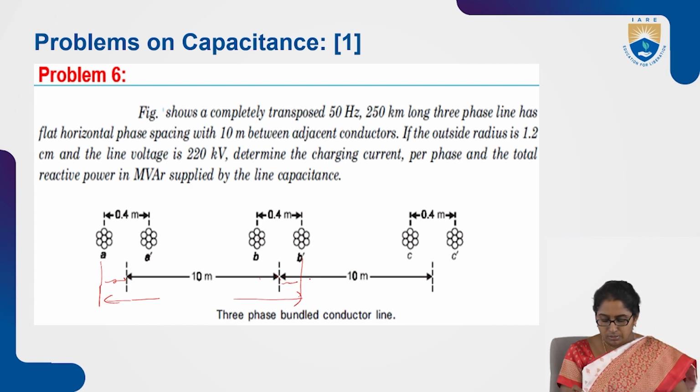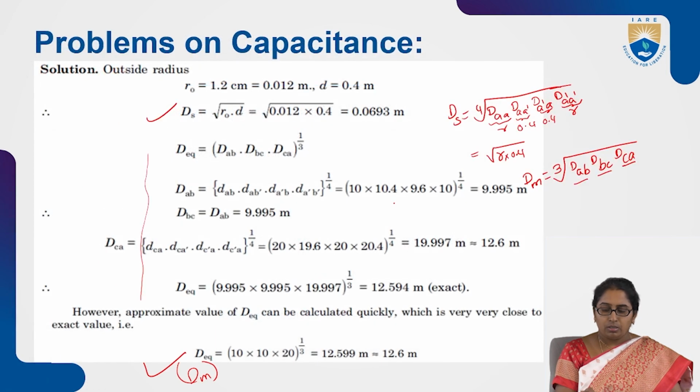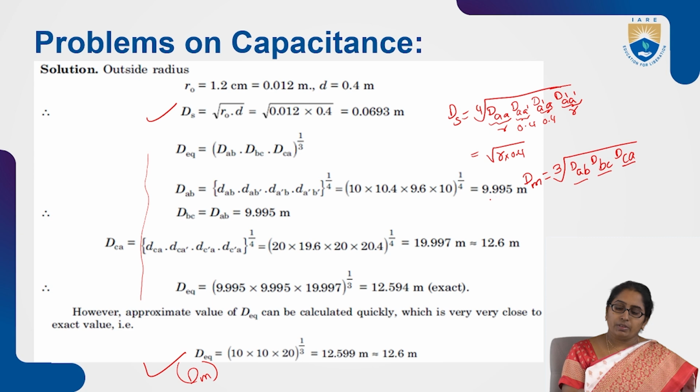So dab dash is 10.4. In the same manner, da dash b becomes 9.6, from the given diagram. Next, a dash b dash is also 10. Anyway, the fourth root of this gives 9.99 meters.